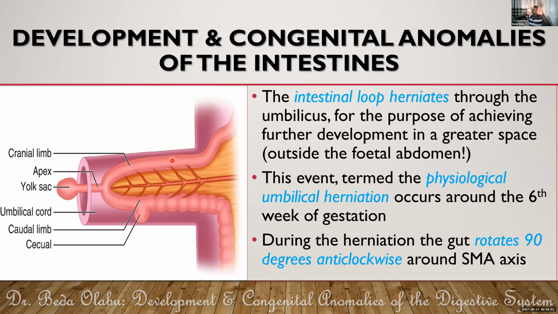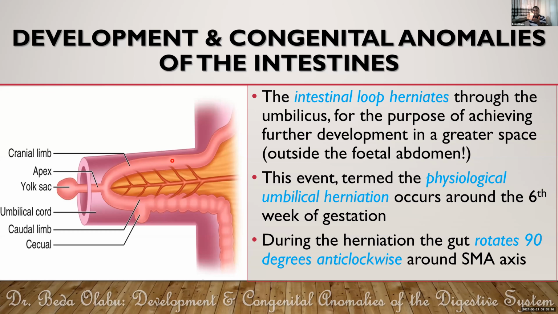This small gut, assume this intestine is mine. So you are looking at me, this is my intestine herniating through my umbilicus. Then it rotates 90 degrees in the anti-clockwise direction. I want you to see the result of that rotation. What is the result of that rotation?